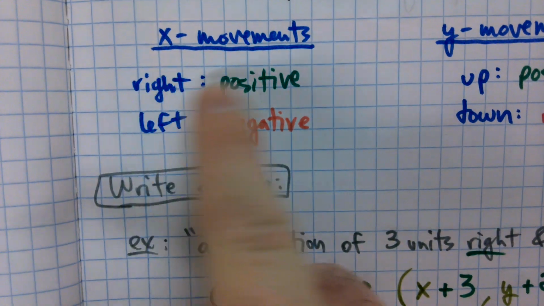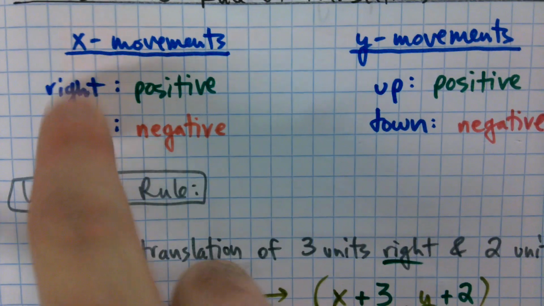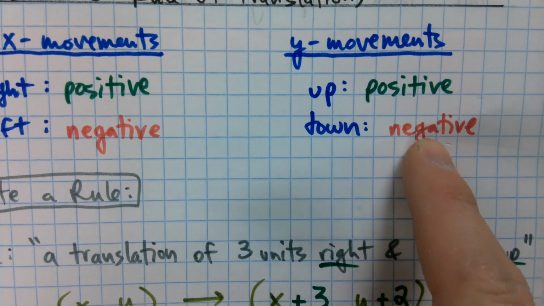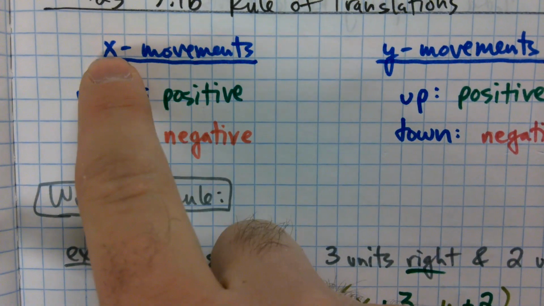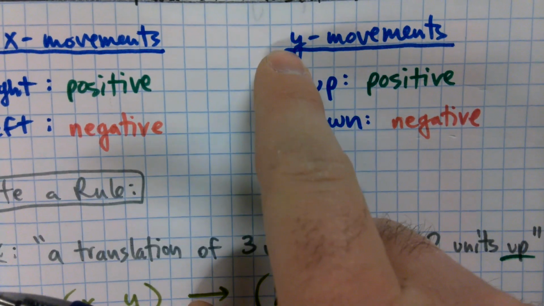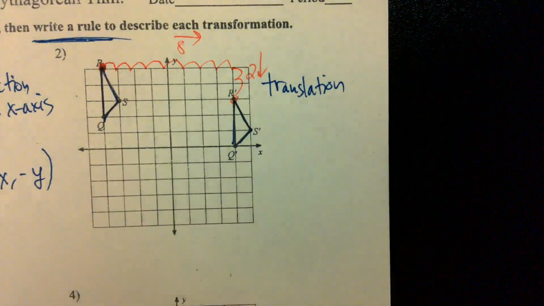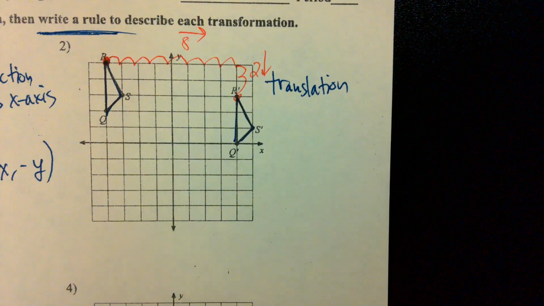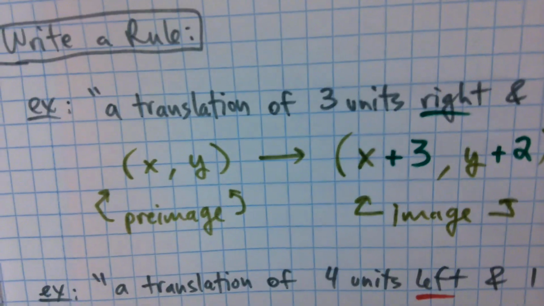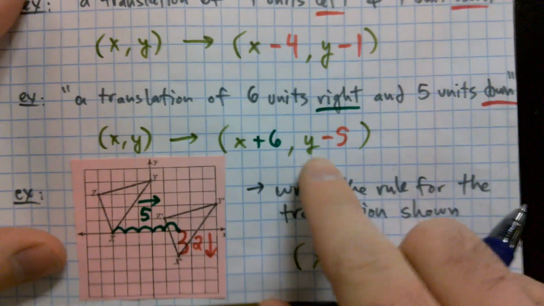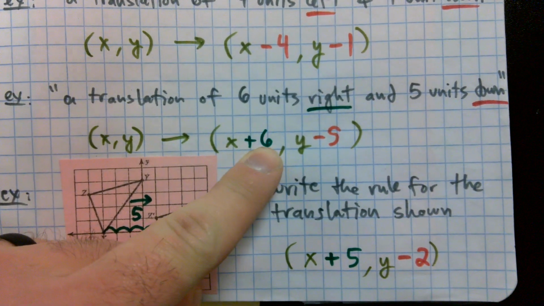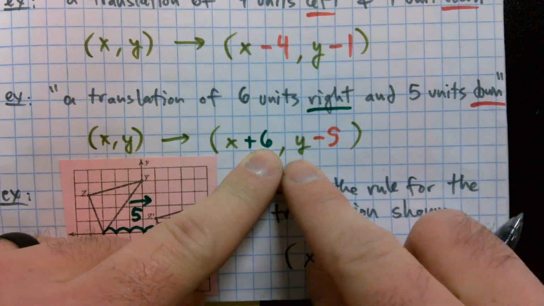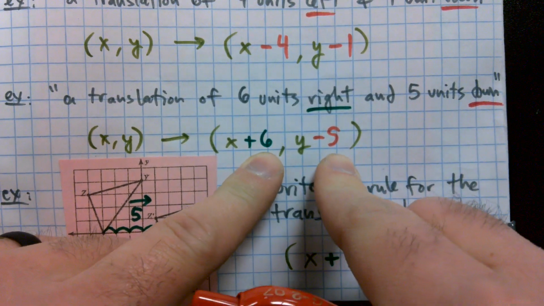Going right is a positive X movement. Going down is a negative Y movement. Positive X, negative Y. So for the rule, if you remember, I'm going to look down at this example. If we went right and down, we've got X plus that number, comma, Y minus that number.